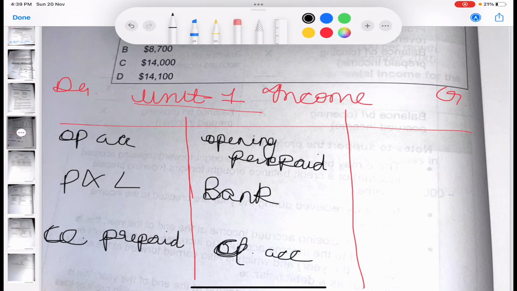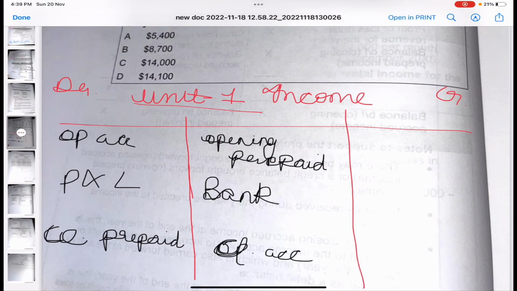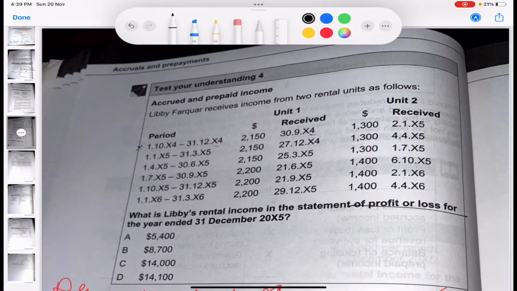Now let's start with the question. What do we have exactly? Read the question carefully. Let's ignore unit 2 right now. Let's see unit 1 only. For the period of 2014, we received in 2014.